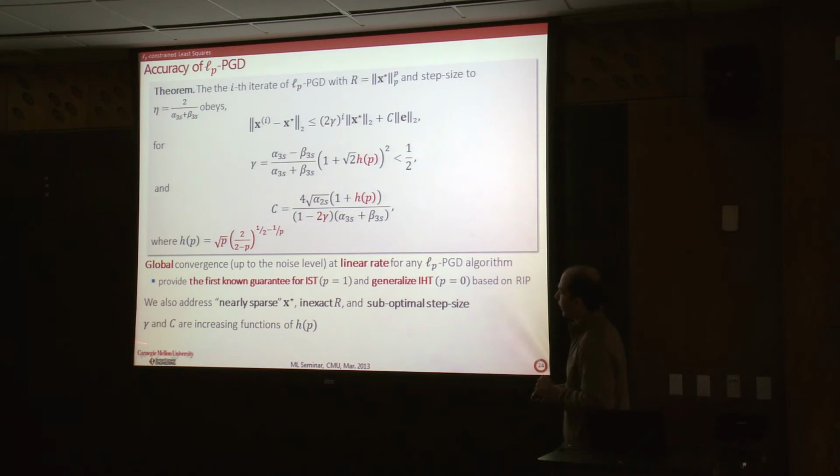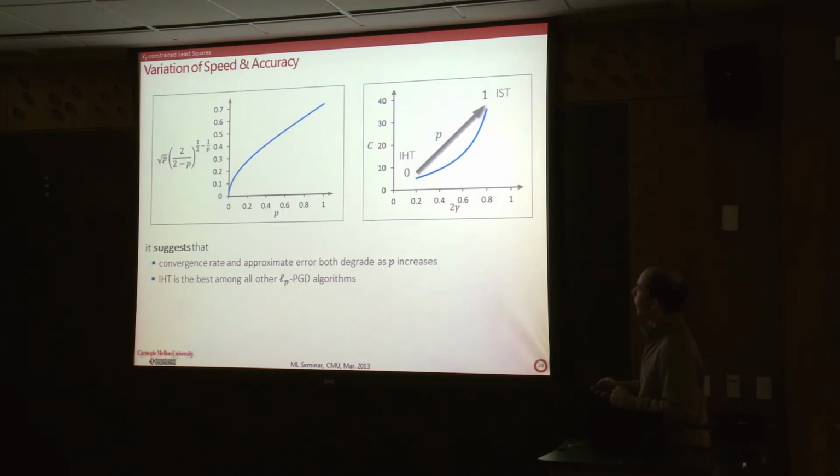The other point that I have to mention is that this gamma function, which determines the contraction factor of the algorithm, and this C function, which determines the approximation error, are both increasing functions of h of p. And h of p in terms of p itself is an increasing function of p.